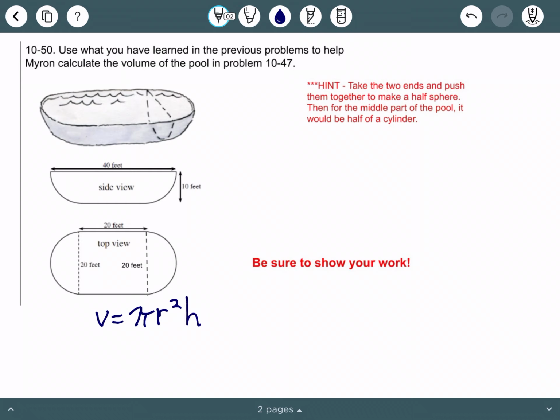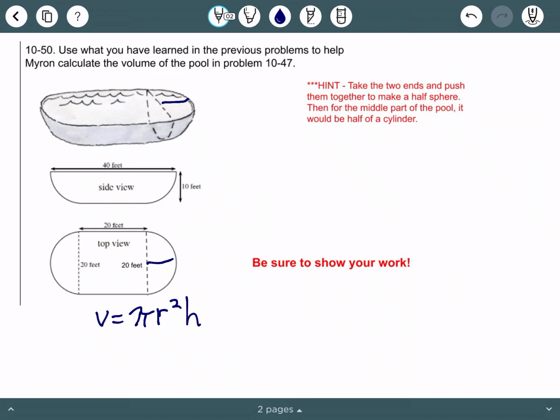All right, so in this case, the radius of the cylinder, now the cylinder and the sphere are going to share the same radius, right? So the radius is going to be like this part of the circle because it's halfway from the very center to the outer edge.